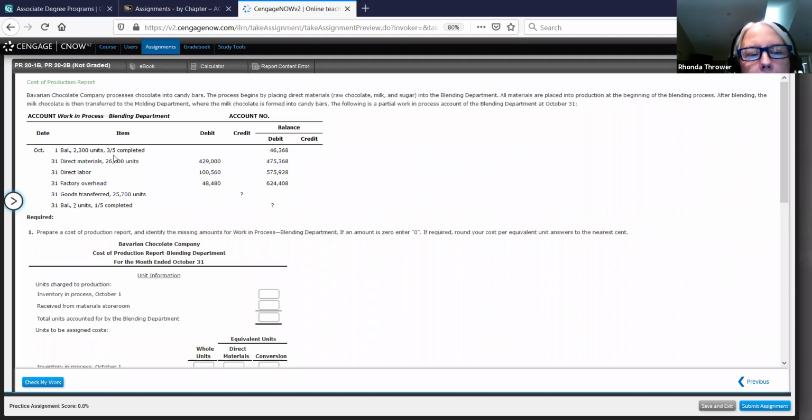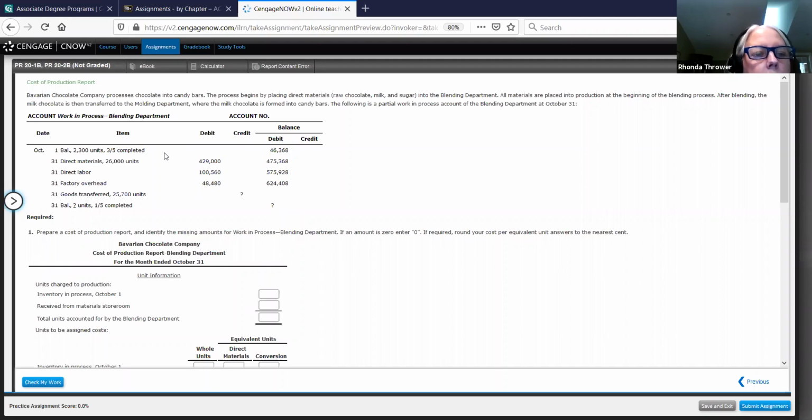What that means is they were 3/5 completed last month with respect to conversion cost, because all of our materials are in these 2,300 units. This part right here is just telling us what has not happened with respect to conversion.